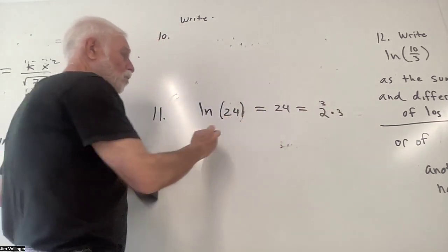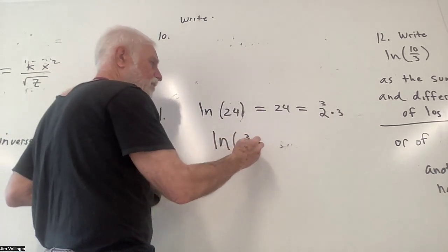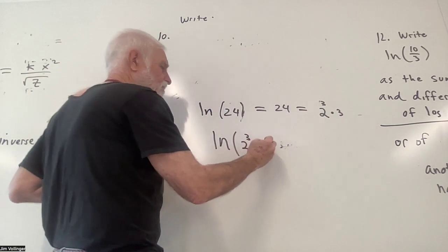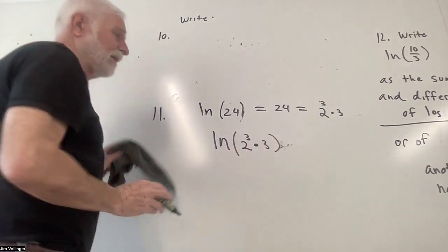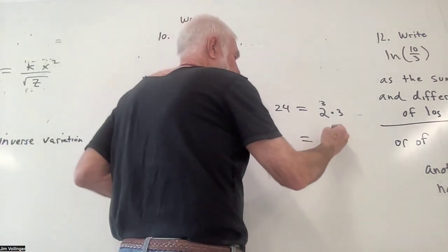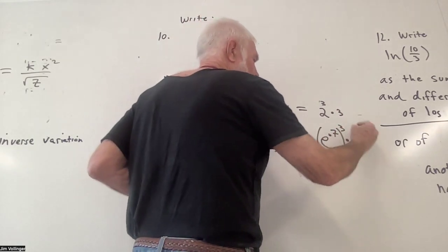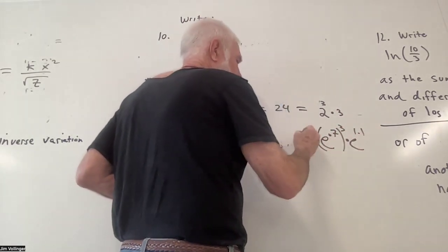Okay, so rules of logarithms. I could write that here right now: 2 cubed times 3. Now it's ln, so we got to work with E. So we change this to e to the 0.7 cubed times e to the 1.1. It's approximation, right?